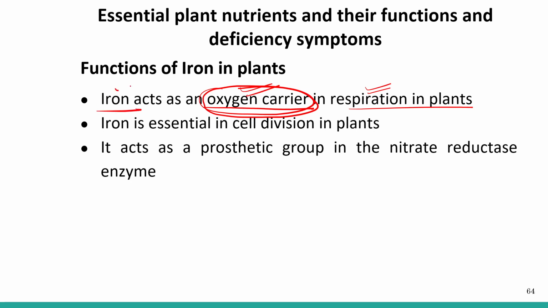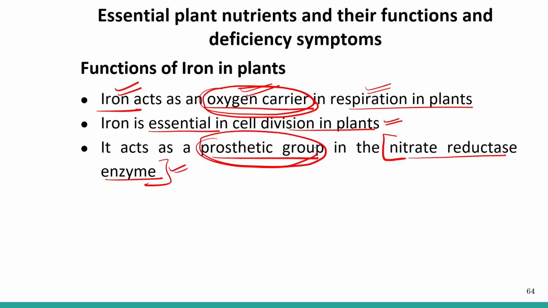Iron is essential in cell division in plants also, and it acts as a prosthetic group in the nitrate reductase enzyme. Very important. There is a prosthetic group in the enzyme that is called nitrate reductase. This enzyme is very important for nitrogen fixation, right?